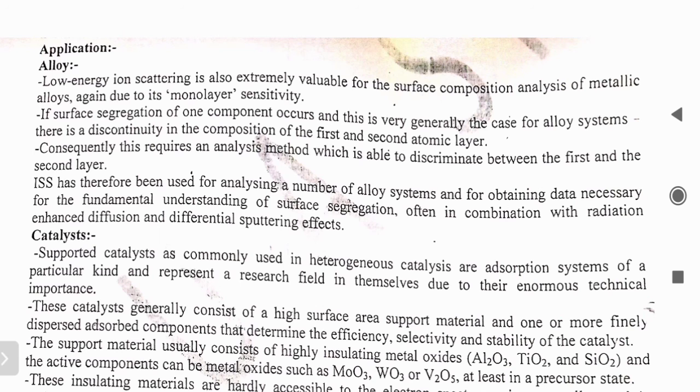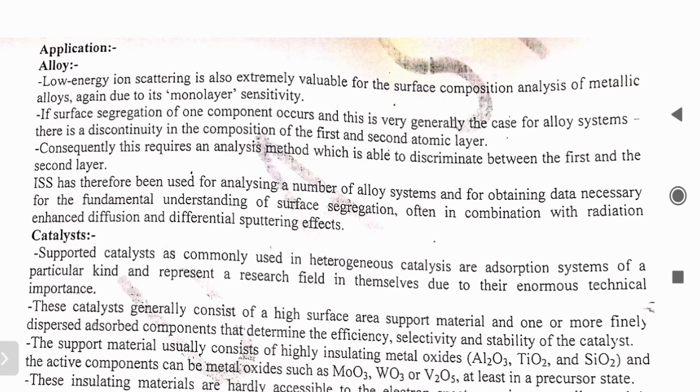Once that is applied, determining the exact composition of the catalyst becomes difficult because of the charging effect. Once we apply an electron spectroscopic technique, it generates the charging effect, so heating of the sample takes place. In order to avoid that, we generally use low energy ion scattering techniques.